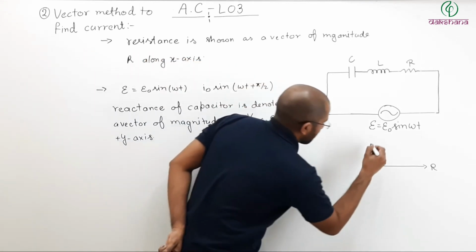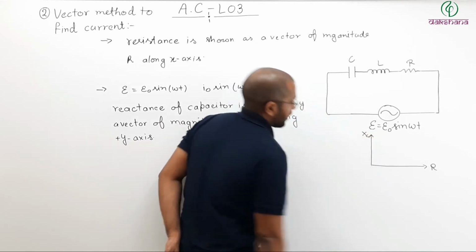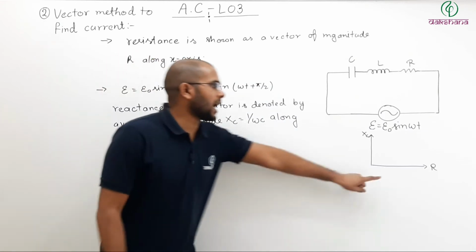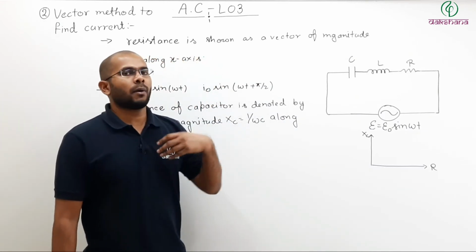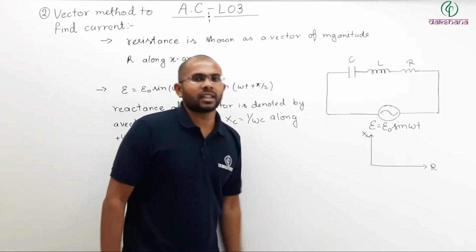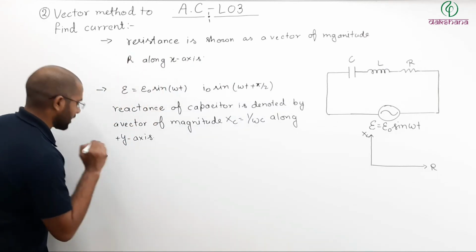So here you will say XC like this. It is not a vector. XC is not a vector, R is not a vector. Just to avoid the mathematics of finding the current, we are representing them as vectors.